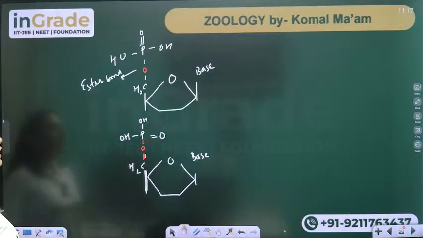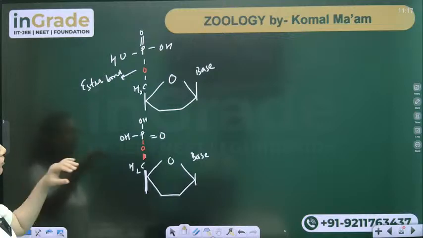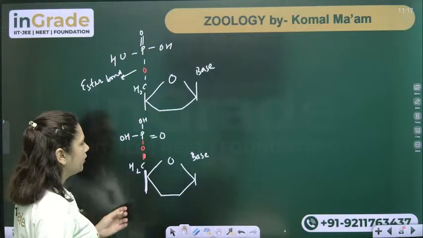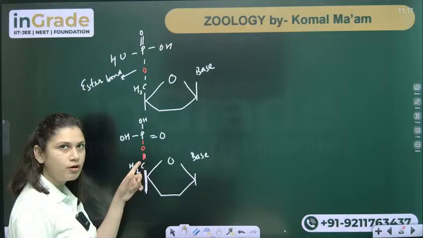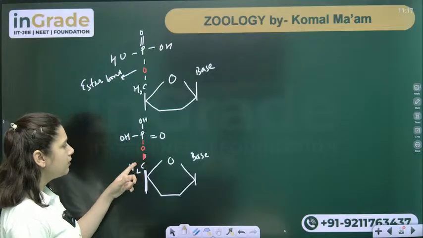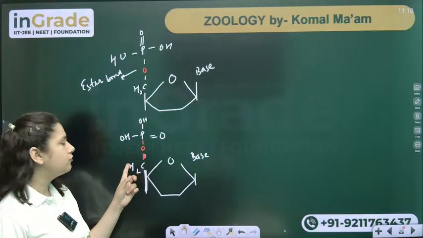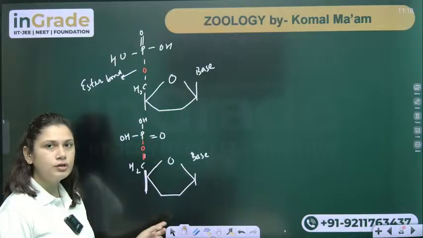Okay class, now how will these two nucleotides get attached to each other? Firstly, if we talk about the second nucleotide, one of its hydroxyl groups is making an ester bond with the fifth carbon of the second sugar.